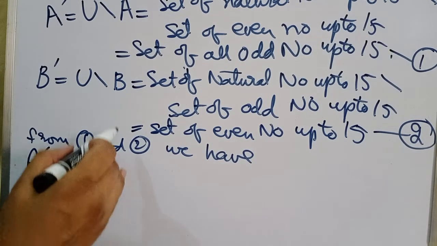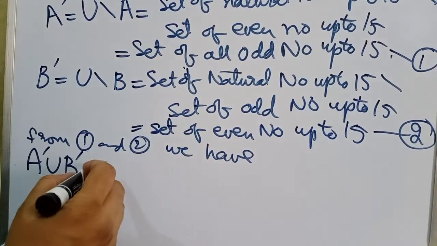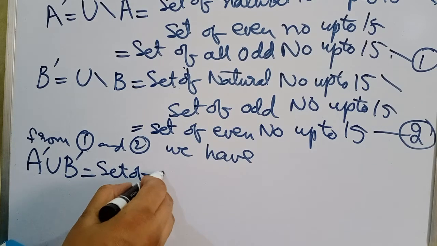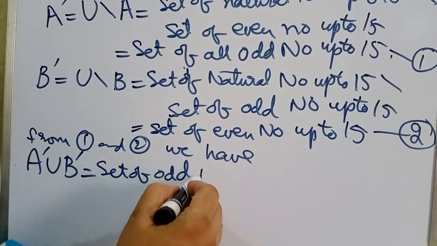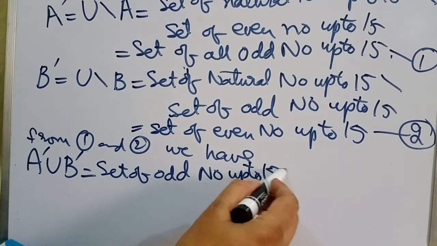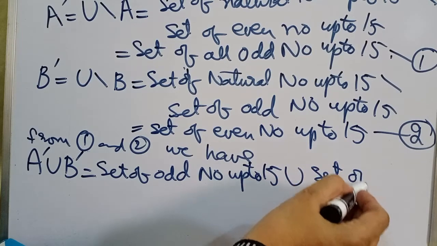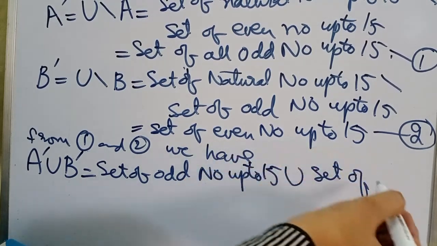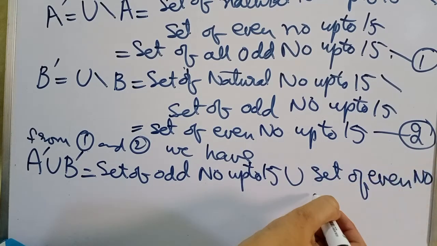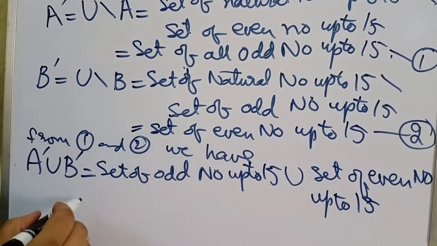This is equal to set of all odd numbers up to 15 union set of even numbers up to 15.